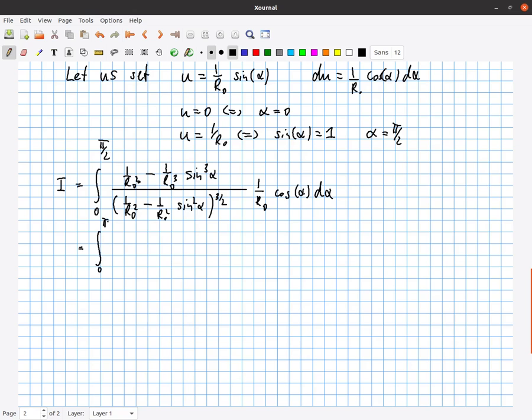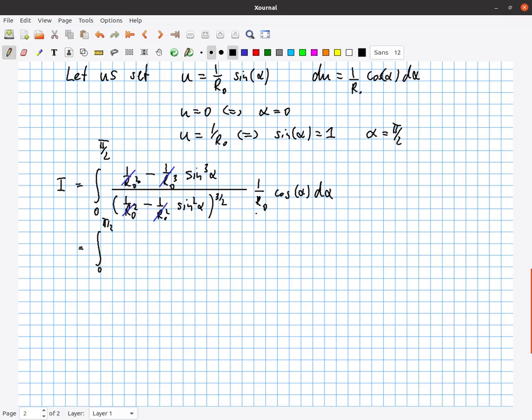Zero to pi/2. We now can pull out a factor of 1/r0 squared, which we take the square root of, giving us effectively a factor of 1/r0, which then gets raised to the power 3. So it is 1/r0 cubed, which is exactly the same as these prefactors here, which means these terms all cancel. However, this one remains.